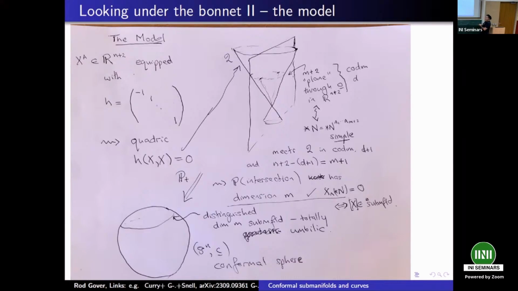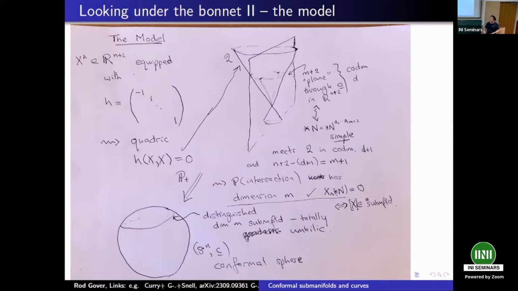That's how you specify such a plane. That's the parallel tractor. And the incidence is that x, which becomes the homogeneous coordinates here, lies in the plane. So that's where it's coming from.